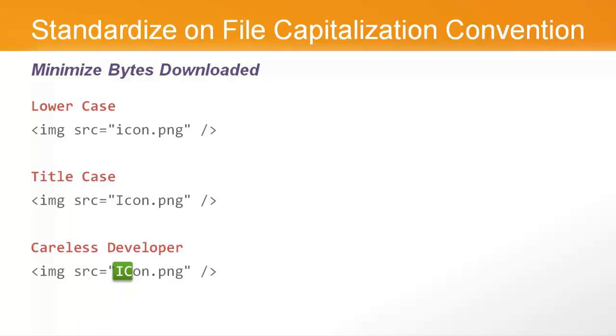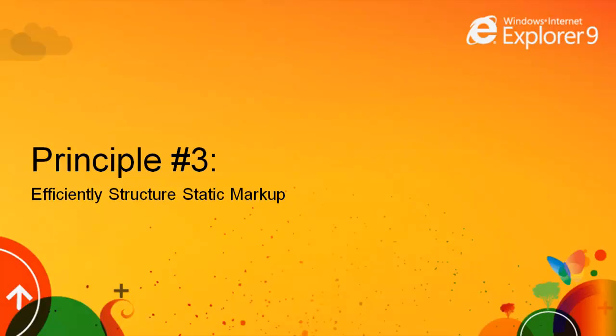That means the browser will always make a request to the server for that file, and the server is going to take time as it resolves the name, and the browser is going to save it as two different assets. So better make sure that you keep those images all named the same in your web pages. Therefore, we can utilize all of the things that we have talked about before regarding conditioning and caching of the assets. Now let's move to principle number 3.